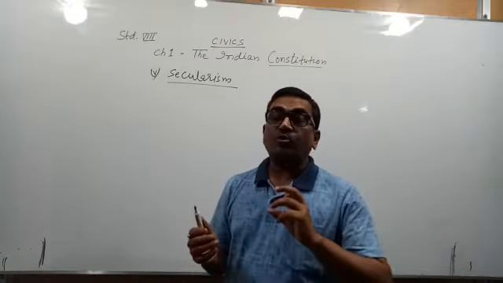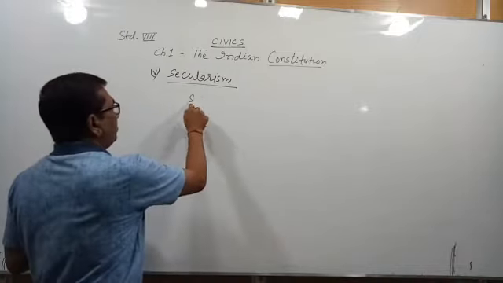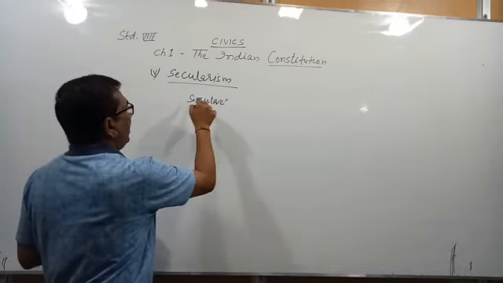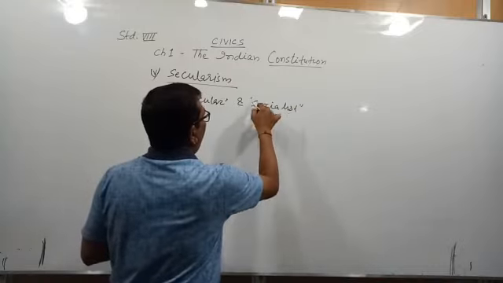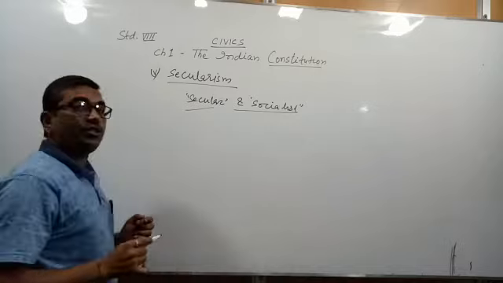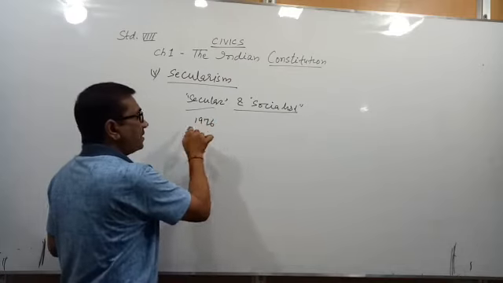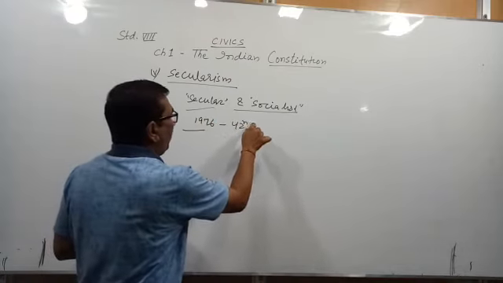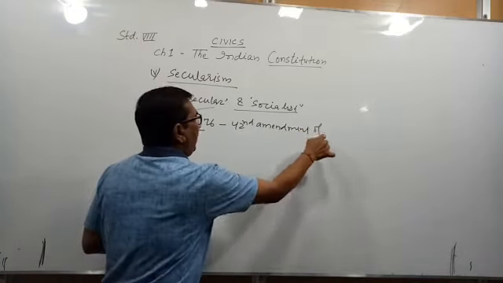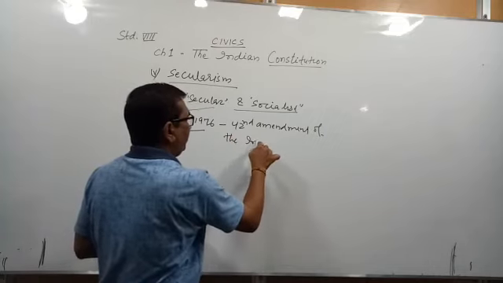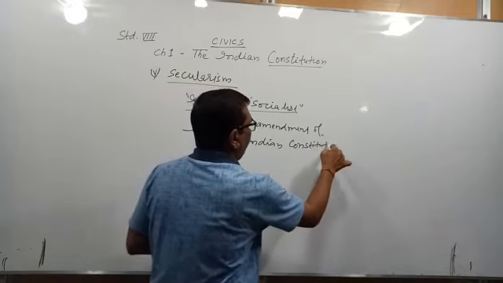The words secular and socialist were added to the Indian Constitution in 1976 by the 42nd Amendment of the Indian Constitution.